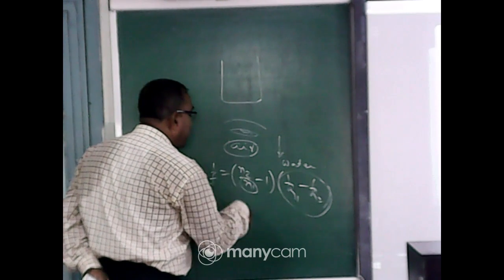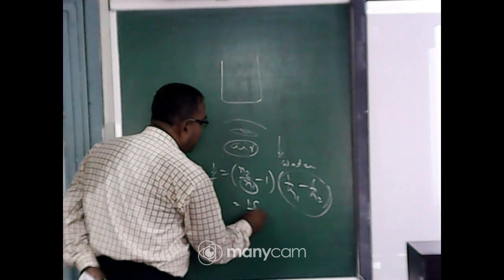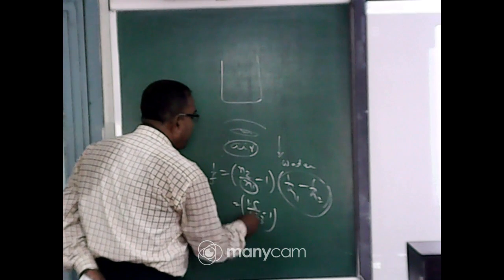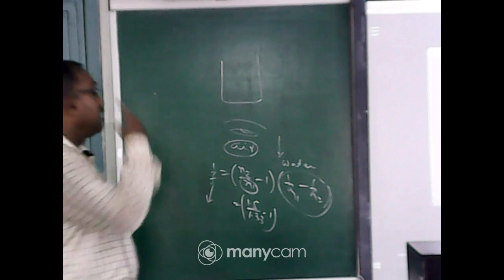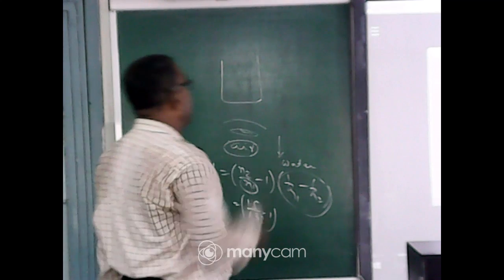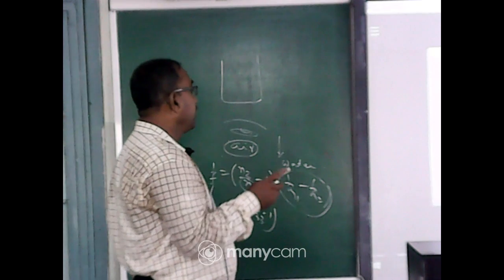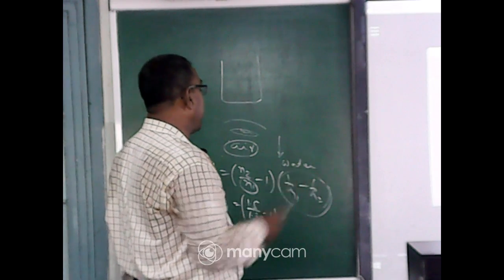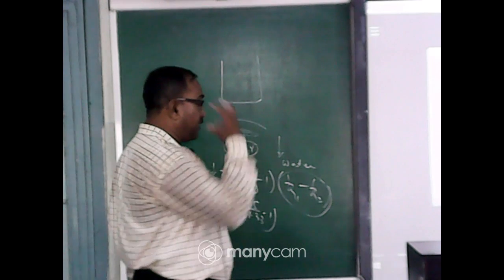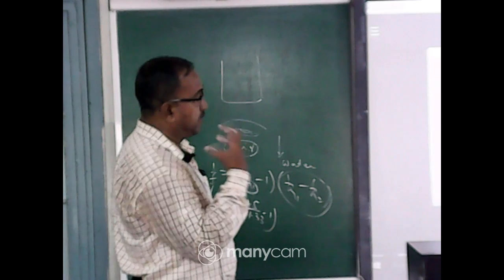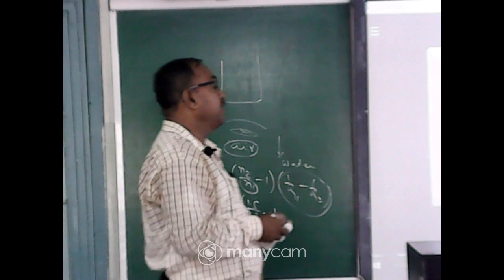When you dip in water, that time the value will be 1.33, so 1.5 by 1.33 minus 1. So that value will be less, and the focal length will be more. If the focal length is more, the image will not form on the retina. So you cannot see it clearly. You cannot see any object inside the water. For this reason, when you dip in water, you can use special types of spectacles for your eye. And that time you can see clearly inside the water.